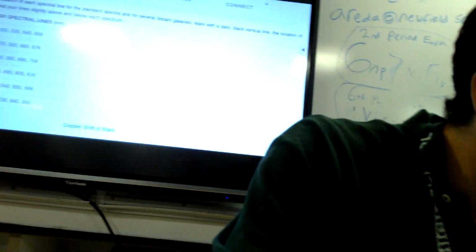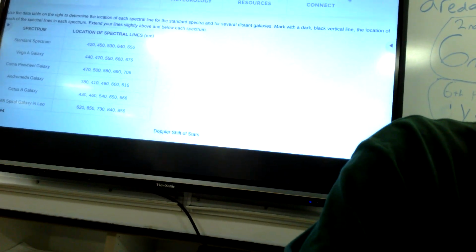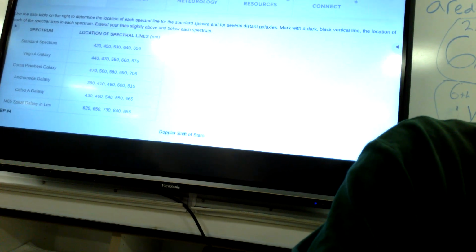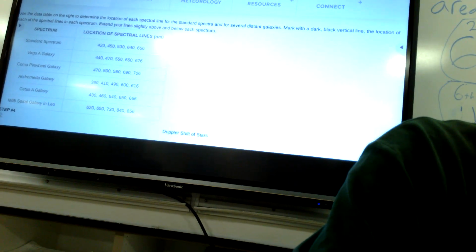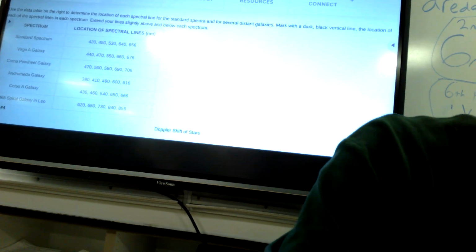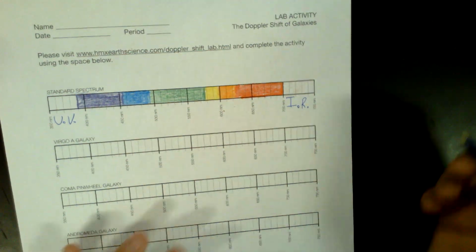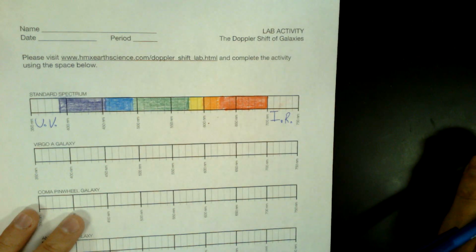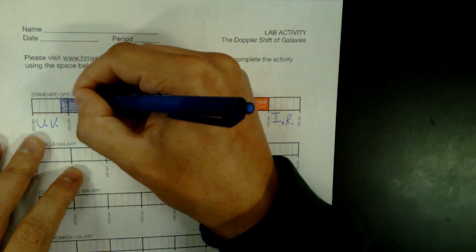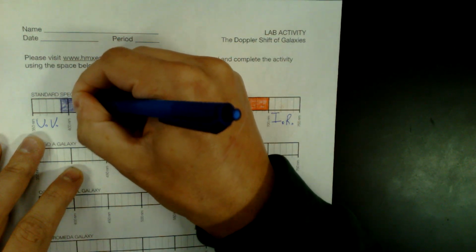If you look, it says standard spectrum, 420, 450, 530, 640, and 656. So let's go back to the lab here. What I'm going to do is draw a line at each of those spots. So 420, that's 410.